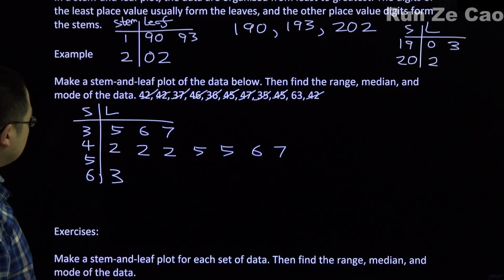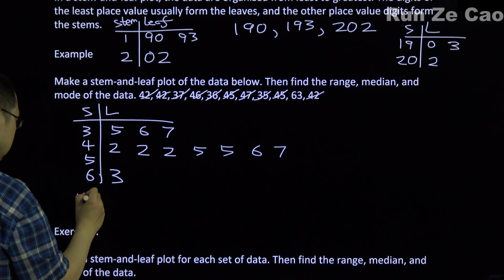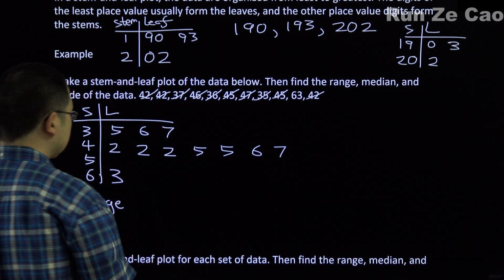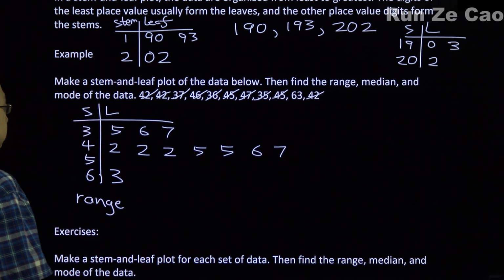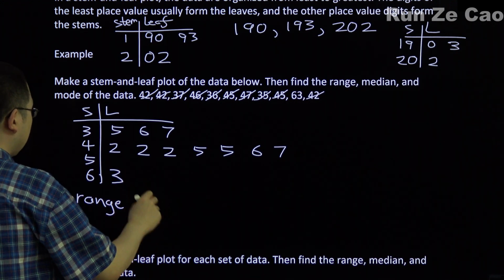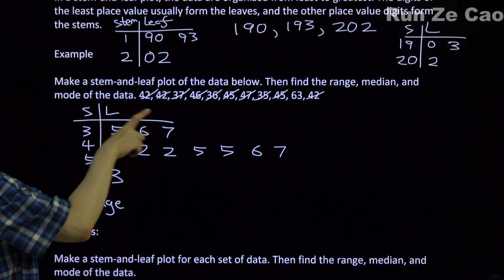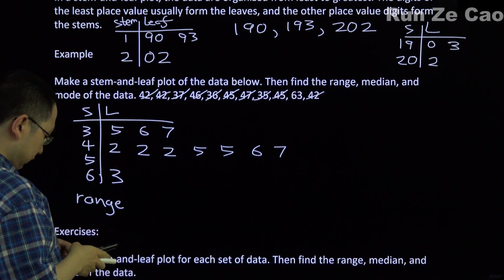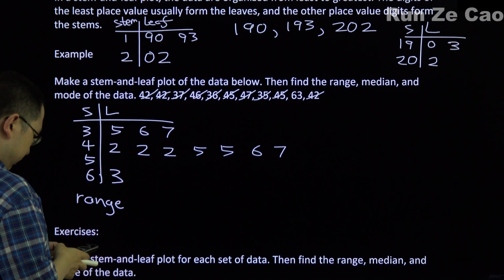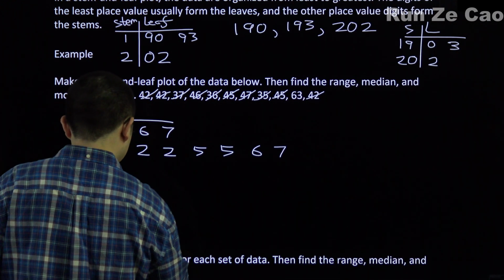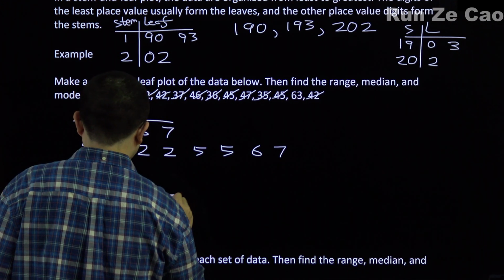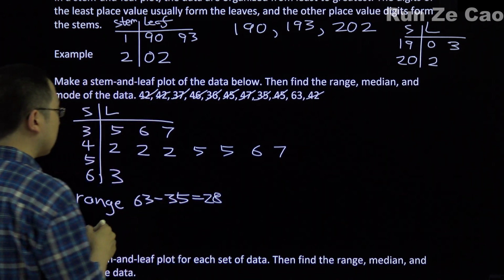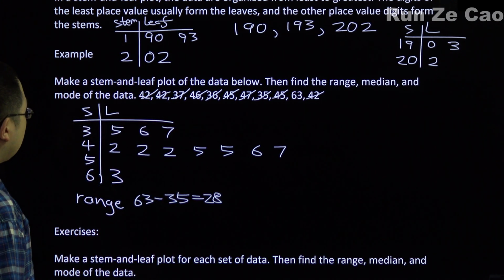Okay, so find the range. In this context, you can say the range is from 35 to 63, but they actually mean the numerical range, which is 63 minus 35 equals 28. Now the median, how many data points are there?